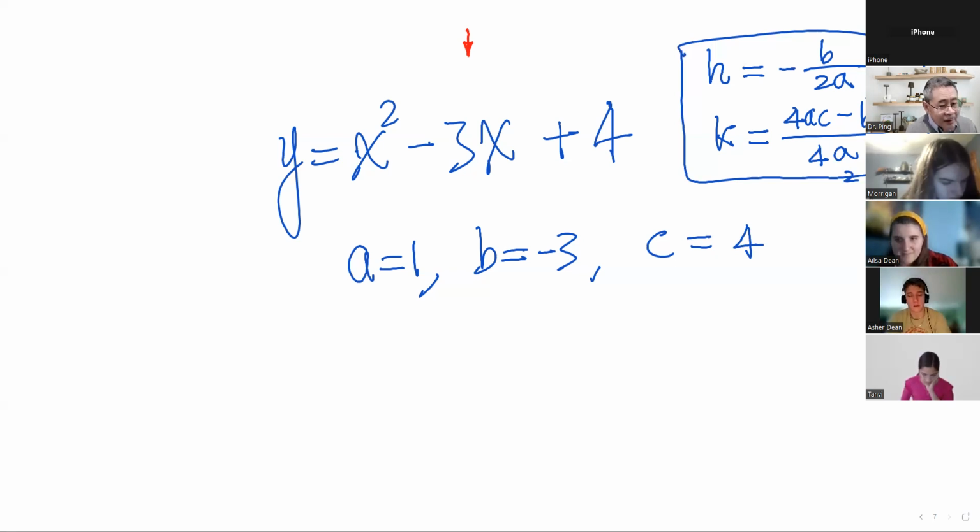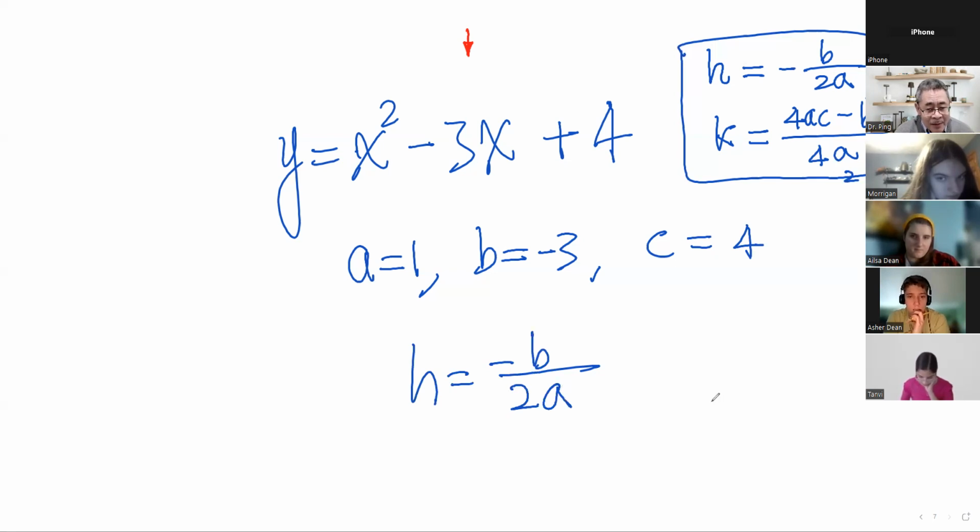I don't know where to start. Well, you can see that H is minus B over 2A. We'll just plug in. You know what A is, you know what B is. Oh, I thought that was a 6 for some reason. Never mind. So that would be -3 over 2 times 1. Wait, would H be 1/3? I'm confused.